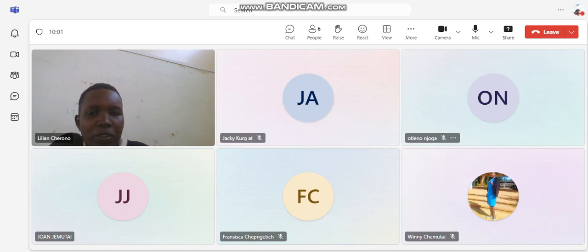Yeah, that's good. So if the bacteria is suspected to be gram positive, it will retain the purple color of the primary stain, that is the crystal violet.